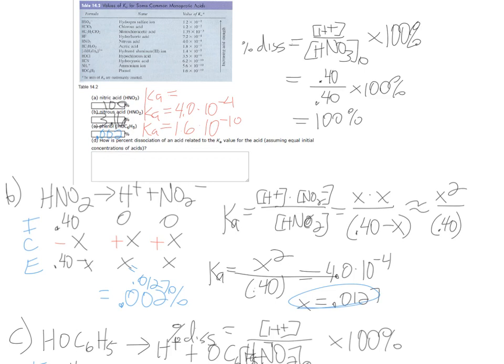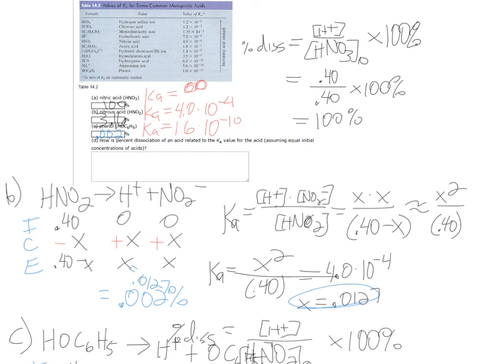And for nitric acid, the strong acid, the Ka value, as with any strong acid, is something that approaches infinity. So in other words, it's really, really big. Well, you tell me, what's the trend? Really big Ka value, really big percent dissociation. Medium Ka value, medium percent dissociation.